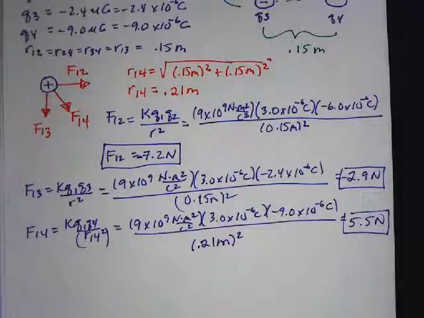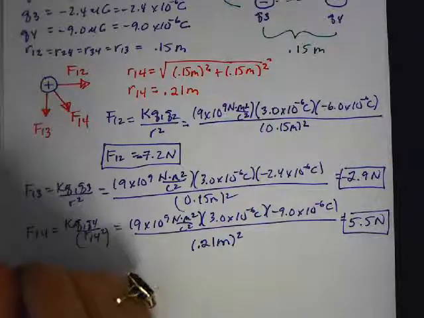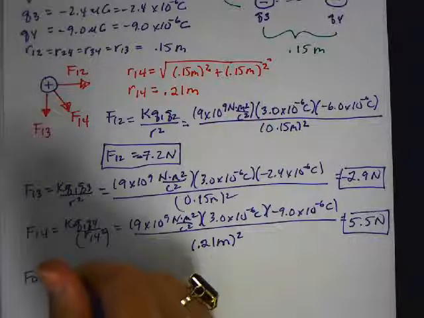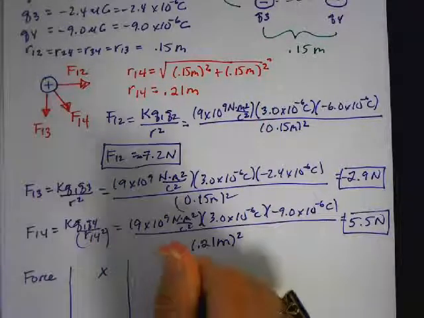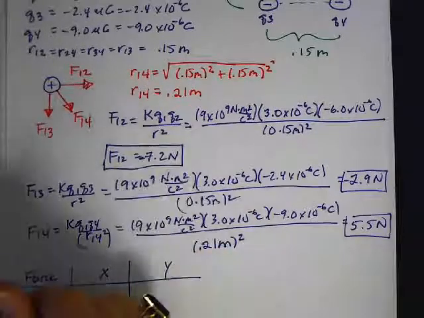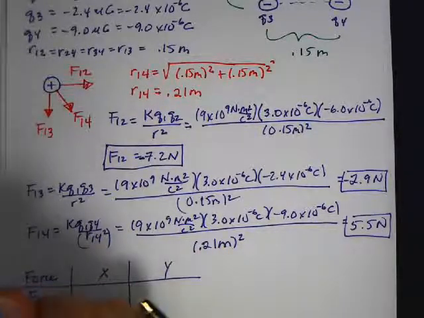Now, I want to add up all my x's and all my y's. If I do my chart now and write force, and then the x component and the y component, I would have F12, F13, and F14.